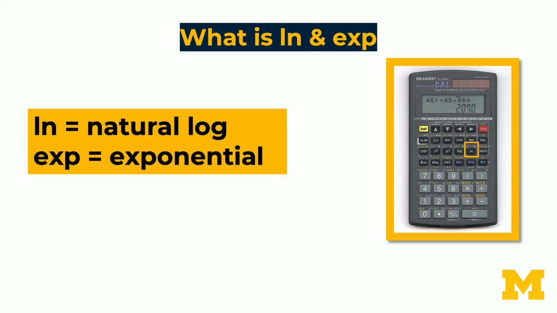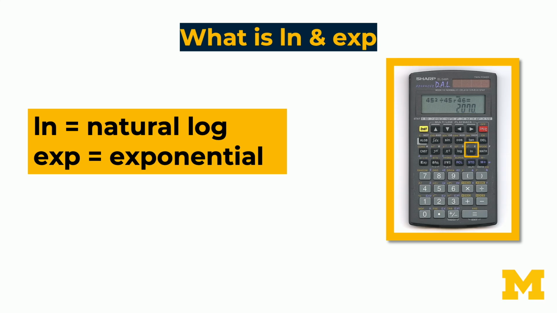Let's talk for a second about what ln is and what exp is. If you have a scientific calculator, there's a button that has ln in it, and there's a button that has exp in it. And these things are called the natural log and the exponential. They're just mathematical terms.